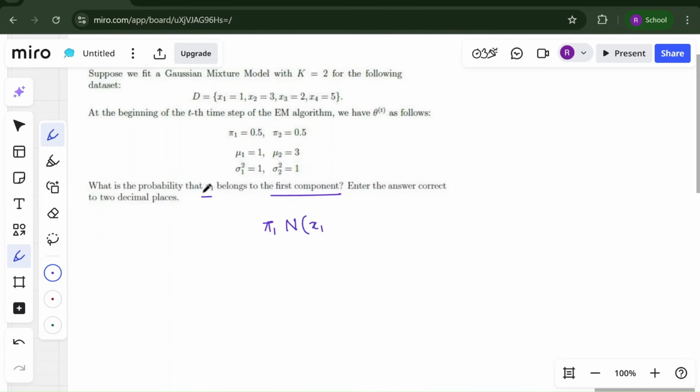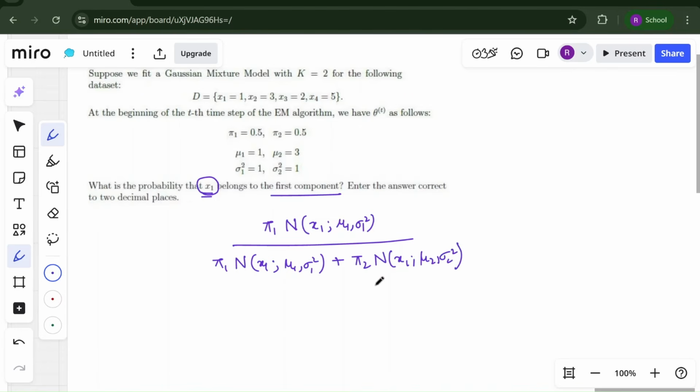Because we are looking at the probability of x1 belonging to the first component, with mean and variance mu1 and sigma 1 square, divided by, again, pi1 times normal of x1 with mu1 and sigma 1 square, plus pi2 times normal of x1, not x2, with mu2 and sigma 2 square. This is what we want to compute.